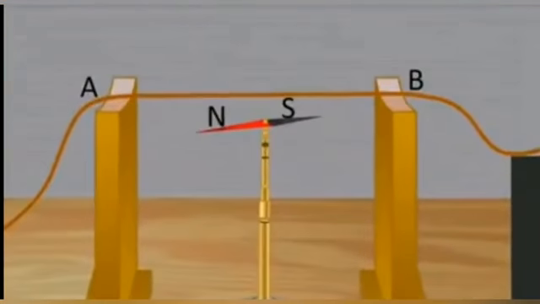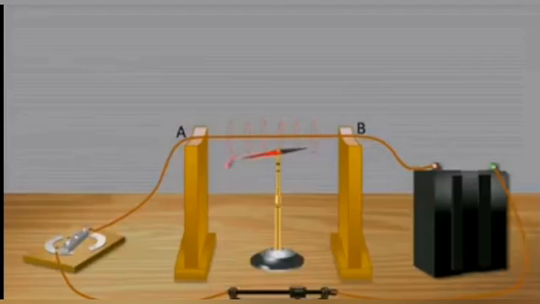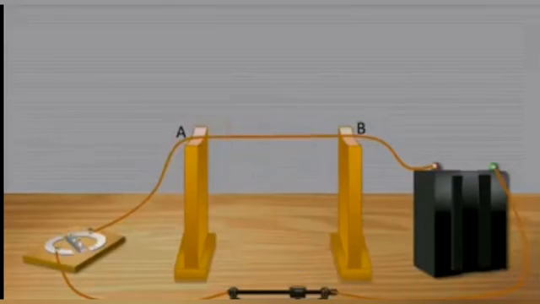A magnetic compass needle NS is placed just below the conductor AB. Initially, when no current passes through the wire AB, the magnetic compass needle shows no deflection. When an electric current passes through the wire placed above the compass needle, the needle got deflected from its normal position, which is along north-south direction.